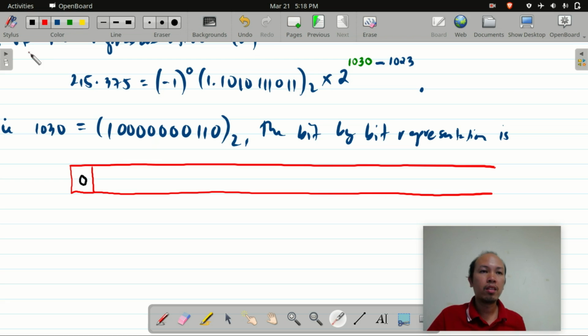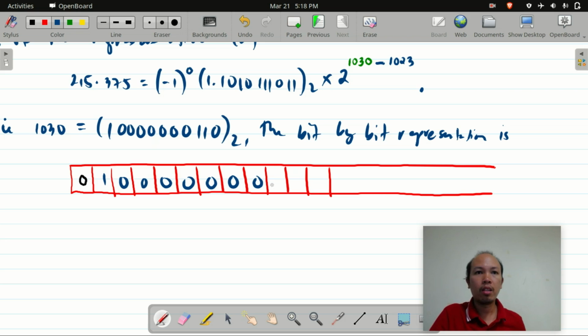Let's make 11 boxes: 1 2 3 4 5 6 7 8 9 10 11. We will use the blue color. So we have 1 0, how many zeros? 7: 2 3 4 5 6 7, and then 1 1 0.